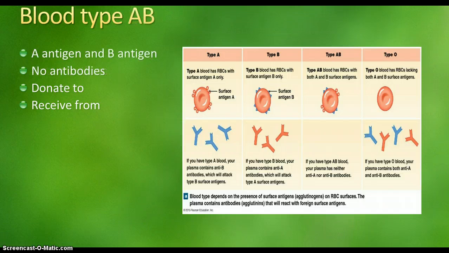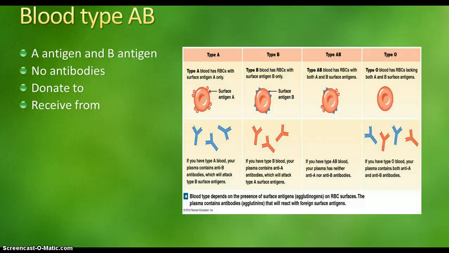Blood type AB has both the A and the B surface antigen on the red blood cell. Because both of those antigens are there, if you have this blood type, you do not have any antibodies.